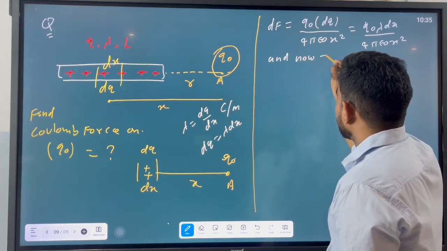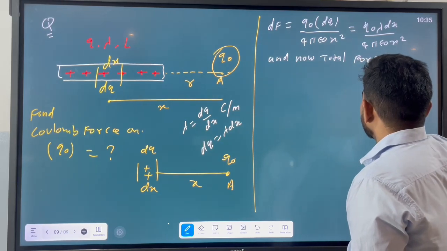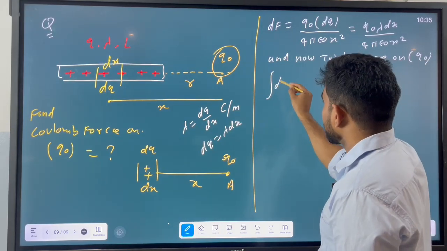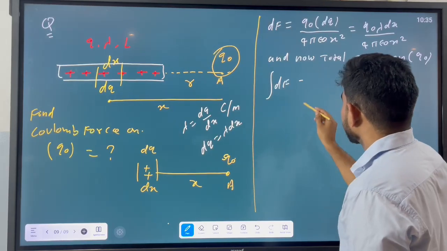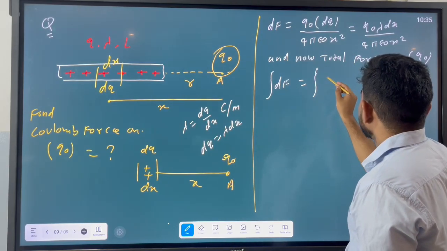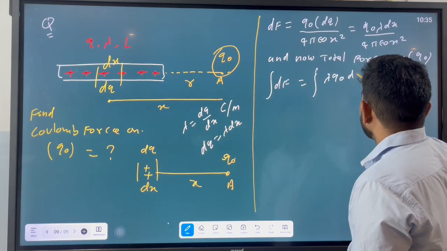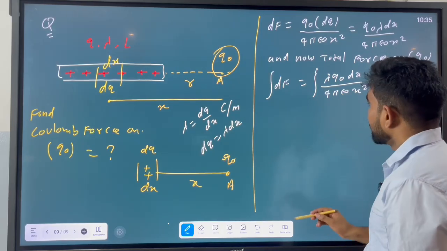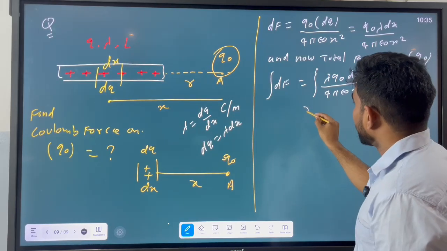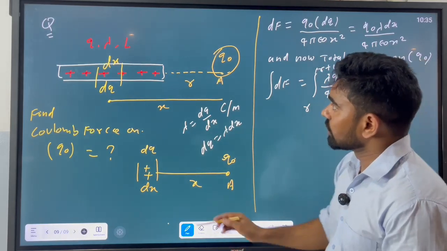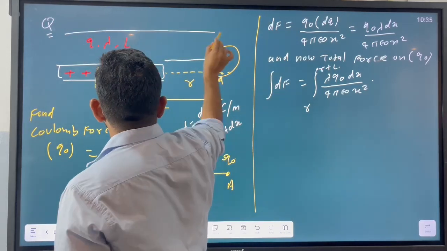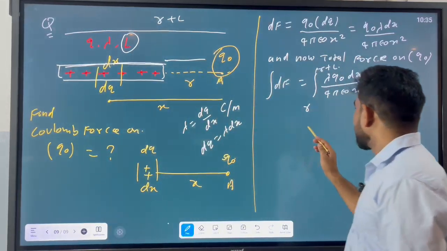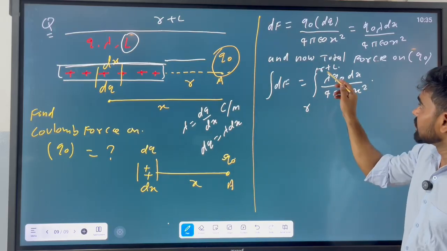Now the total force on q naught: integrating both sides, the integral of dF equal to the integral of lambda q naught dx divided by 4 pi epsilon naught x square, with limits from r to r plus L, because this is r and this length is L. This is the lower limit and this is the upper limit.